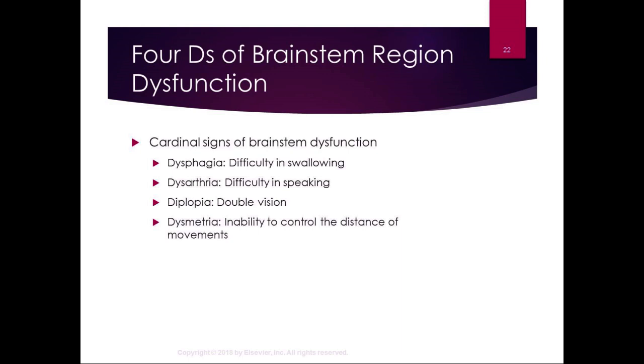Dysmetria is the inability to control the distance of movements. So that is sort of that communication between the pons and the cerebellum, all that processing that has to go on. You reach out for your coffee cup and you miss. You don't get the coffee cup, or you don't reach far enough. So dysphagia, dysarthria, diplopia, and dysmetria, those are the 4 Ds of brainstem dysfunction.